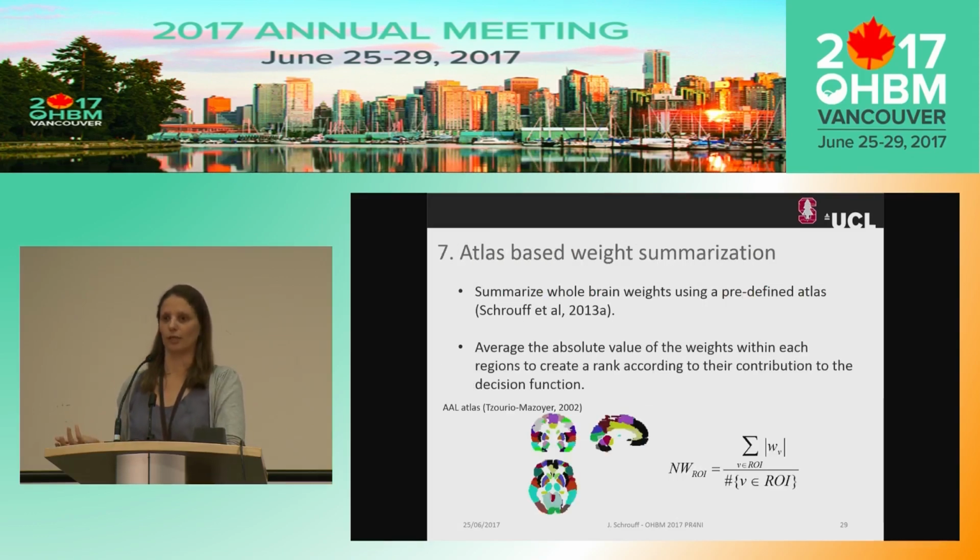So now we're coming to a posteriori, once you have your model. A very simple thing you can do is just average the weights within a region. You use the same atlas, AAL again, and you just average the weight within each region defined by the atlas.